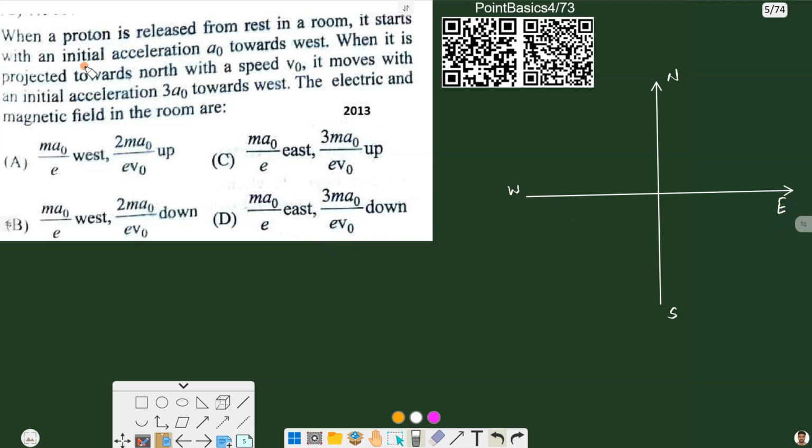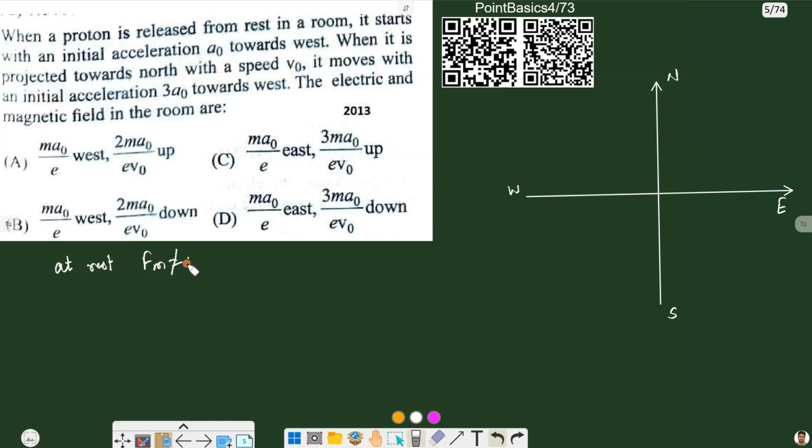So it is mentioned that with initial acceleration a naught, if we release it at rest in the room, now we know that when a charged particle is at rest, then the magnetic force is zero. There is no magnetic force acting on the charged particle. So if it is at rest, only the electric force can act on it.